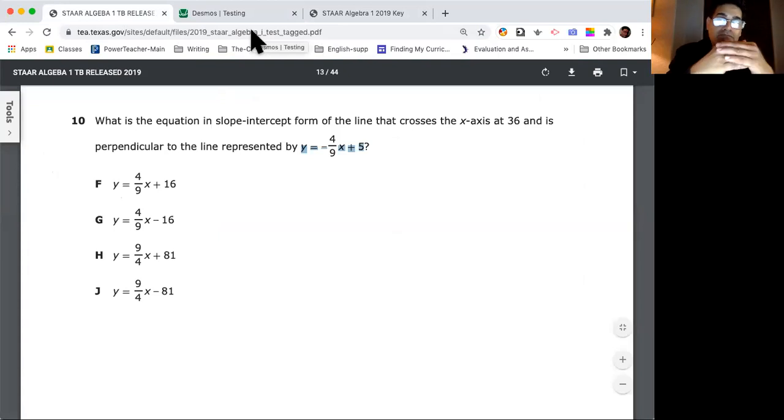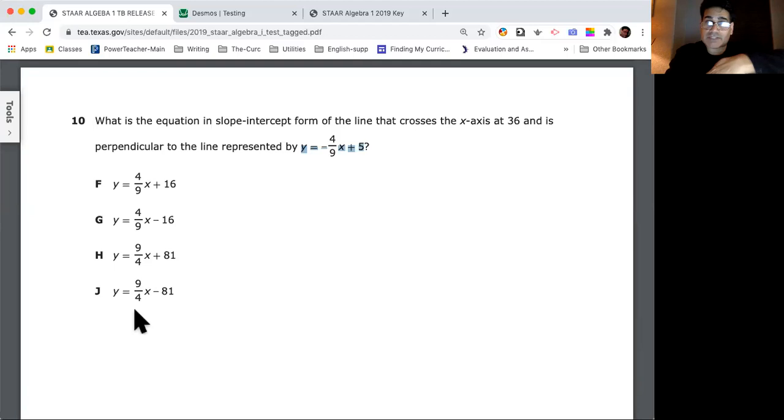You might want to remember, in my options, are there any negatives in front? Well, there are none, which means that we can't eliminate based on a negative slope. They're all positive. But one thing you might want to remember about perpendicular slopes? Well, we'll go over that later when you observe what the end result is, and I'll ask you to remember that for the future.